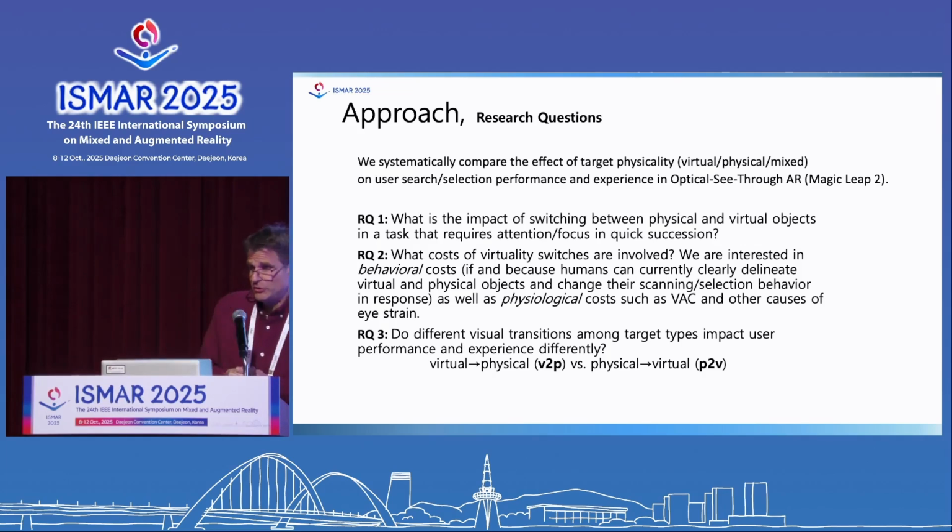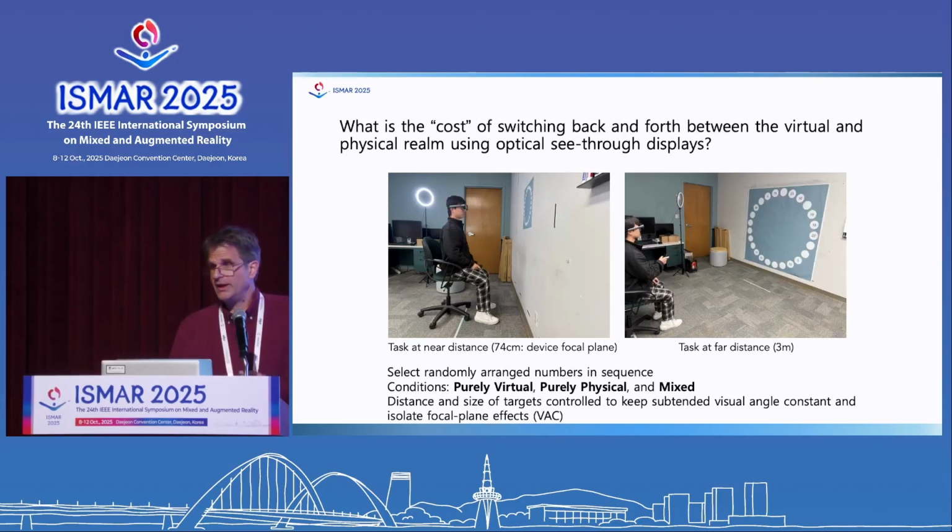And then we also wanted to know, is there maybe a difference between different transitions, from virtual to physical versus physical to virtual? Okay. So in order to control this a little bit better than with the ping pong balls, which were already promising and already easier, this is even more simplified.